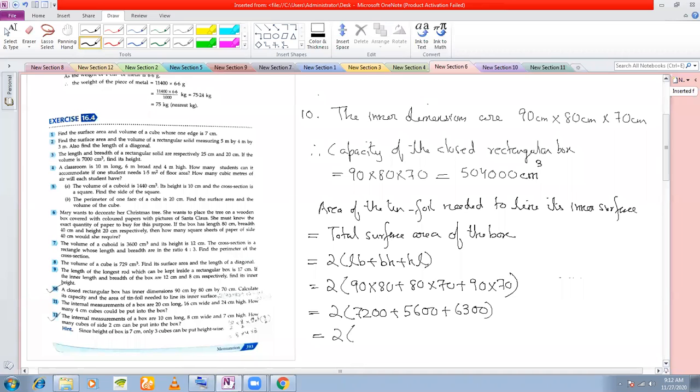So it's twice of 191 and then two zeros. So this is 382. Okay. So this is the total surface of the tin foil that is needed. And what should be the unit here? We're talking about the area, so this should be centimeter square. Any question?